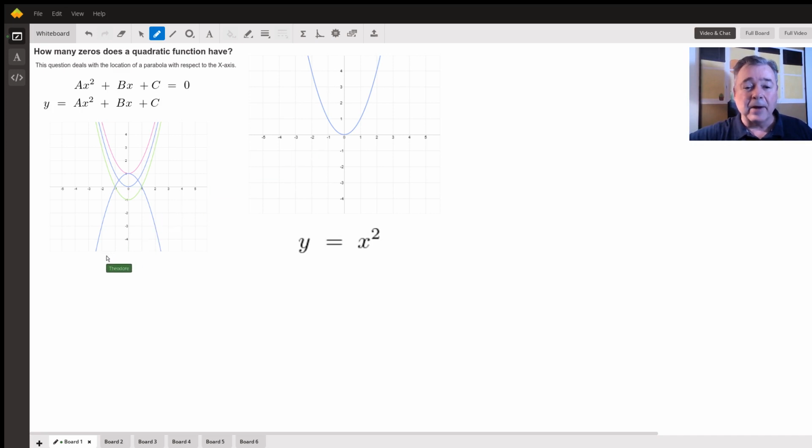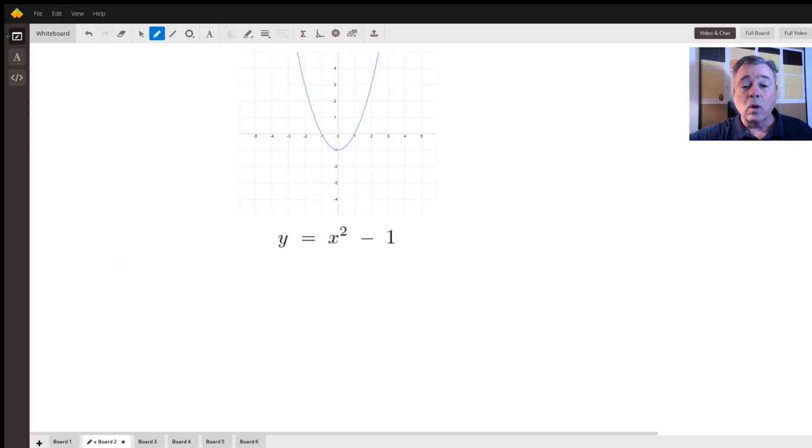Now let's compare it with the function y equals x squared minus 1. The parabola has been lowered 1 unit and crosses the x-axis at 2 points. It has 2 zeros.